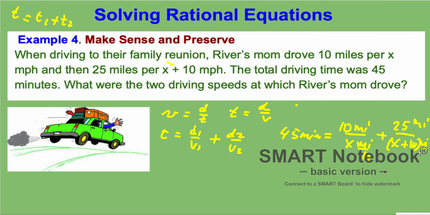In this case we can simplify mile with mile, and everything here can be per hour. So this t1 and t2 can be per hour.